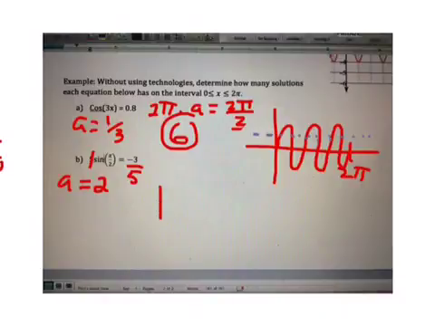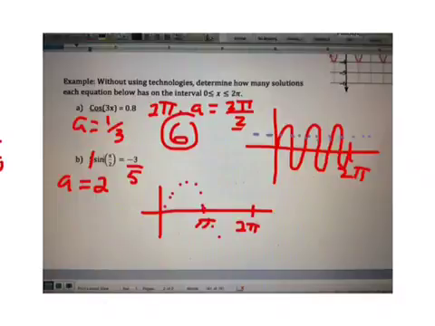So normally sine would do this, but now we're stretching it out, so it's going to do this.